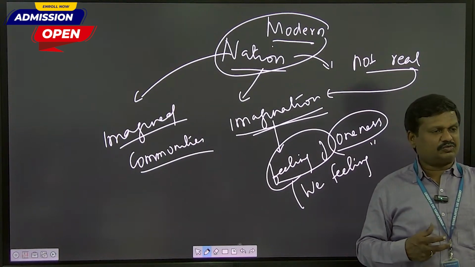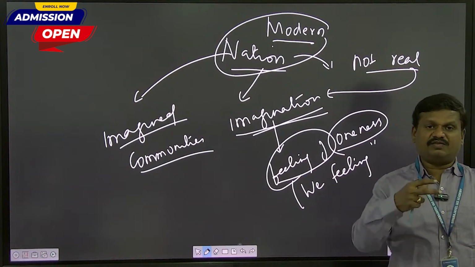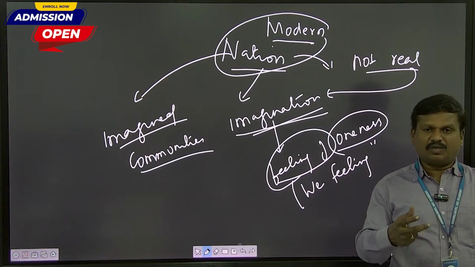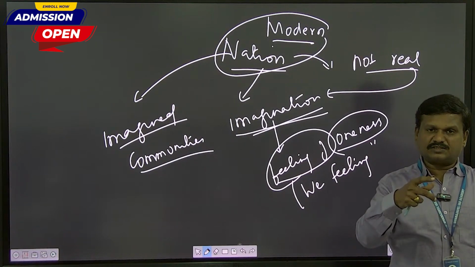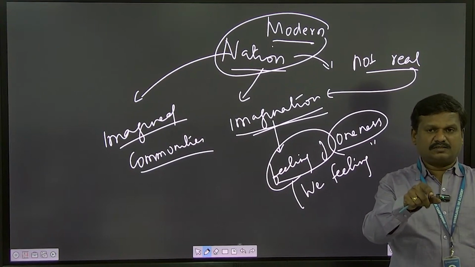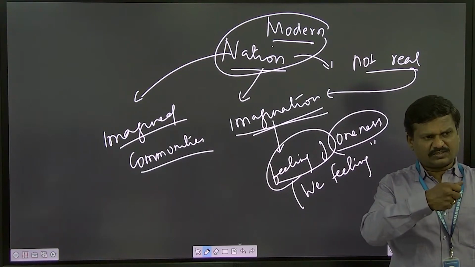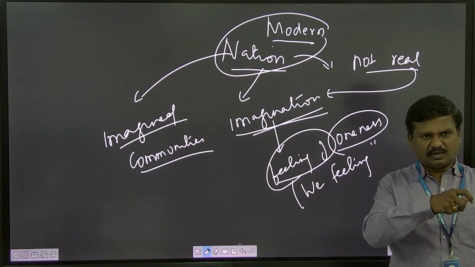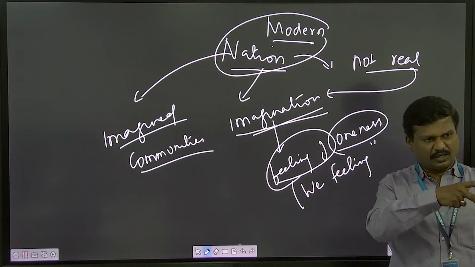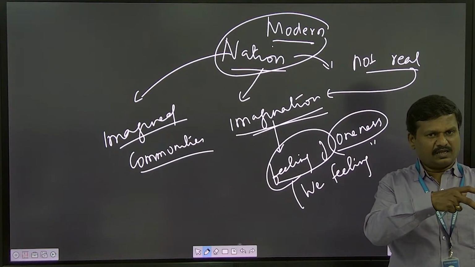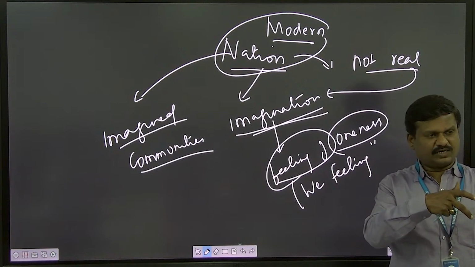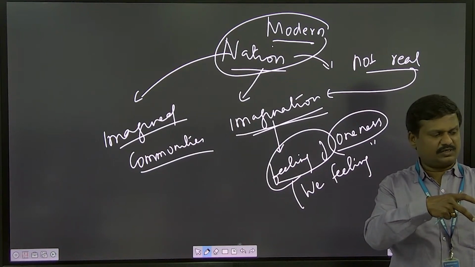And why, sociologists are telling, by 18th century in the West, especially in Europe, they wanted to create a nation. Why? Because the villages were destroyed by industrialization. So the real oneness is broken. The real oneness present in the villages, countrysides is broken because of industrial revolution, because of modernization.